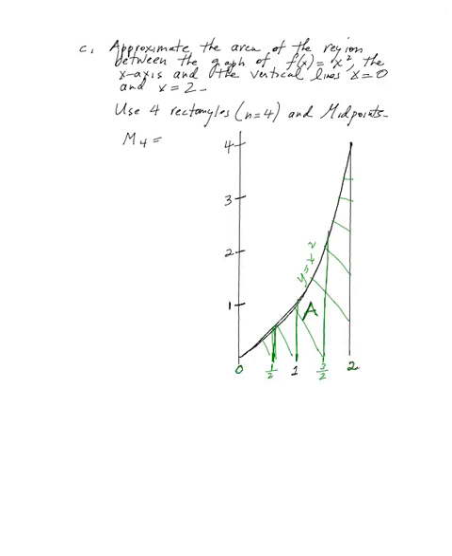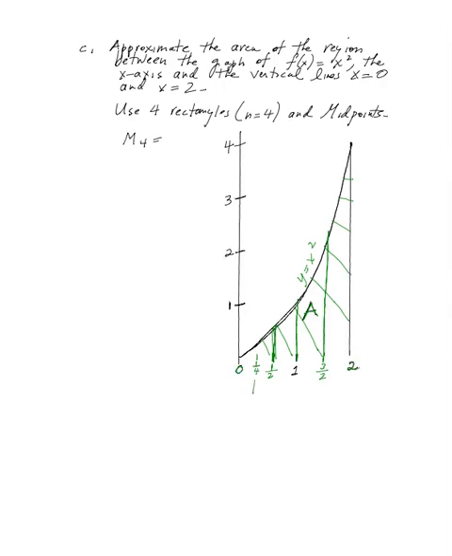But now, how do I get the heights of the rectangles? I'm supposed to use midpoints. So, what is halfway between 0 and 1/2? Halfway between 0 and 1/2 is 1/4.